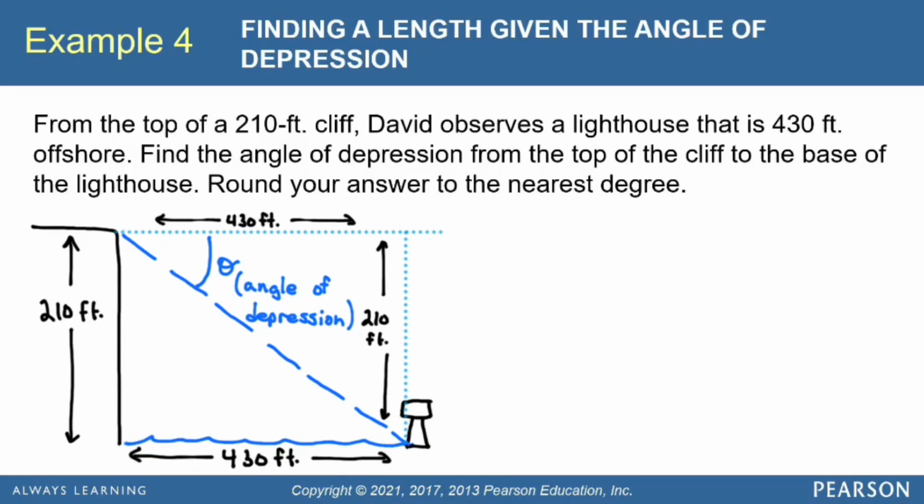And now let's look at what we've got. Coming from here, which is the angle that we want to find, we know the side opposite and the side adjacent to that angle. Opposite and adjacent makes us think of the tangent function. So we're going to write tangent of theta is equal to 210 over 430, opposite over adjacent.